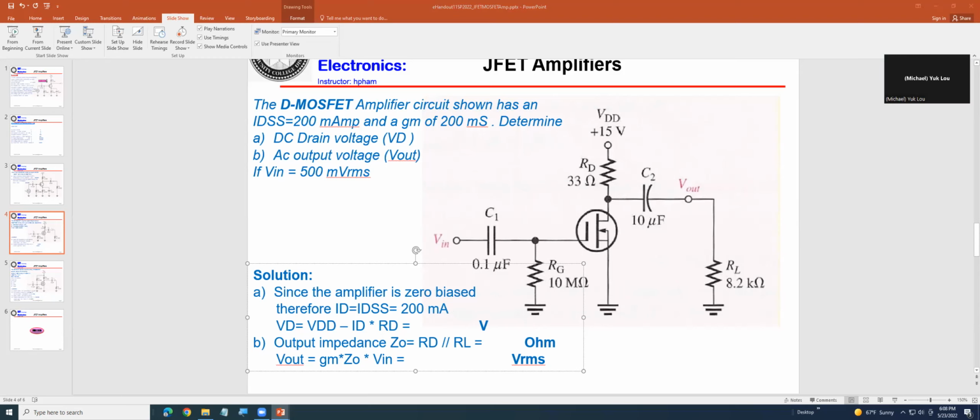Mr. Pham, on solution A, it says since the amplifier is zero bias, does that mean this is because the gate and the source are grounded? The gate and the source, yeah.